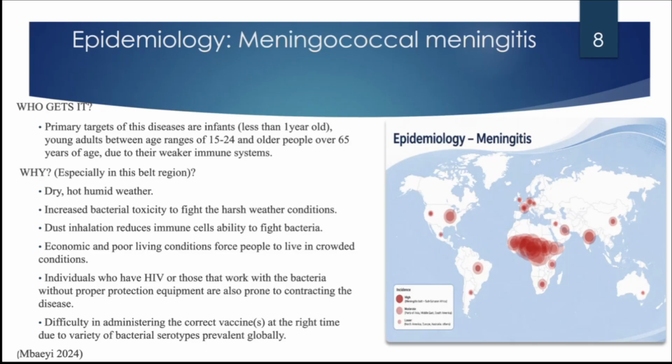Poor living and economic conditions make people live in crowded situations, which means close contact of multiple people, so the disease spreads faster through the respiratory tract. People whose immunity is compromised through HIV also get this disease significantly. And when you're living in poor economic conditions, access to vaccines for the different serotypes of this bacteria is hard to get, and that causes people to contract the disease very fast.